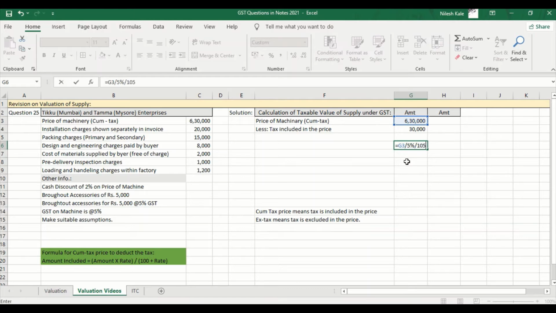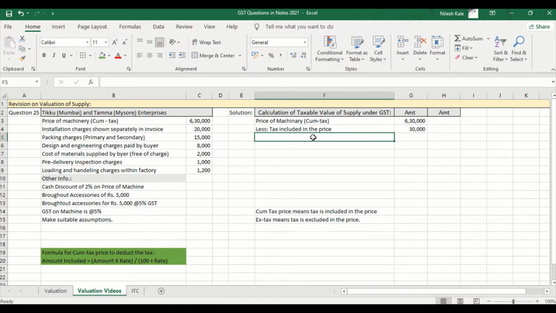This is the simple mistake they make, and they will get a different answer. You should not make this mistake. Rate means you just have to take that 5, not 100%, because 100 is already in the denominator. I hope you are understanding this.